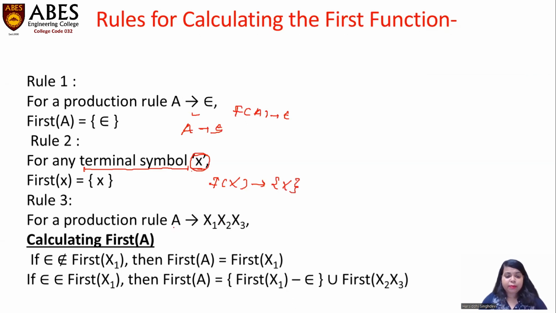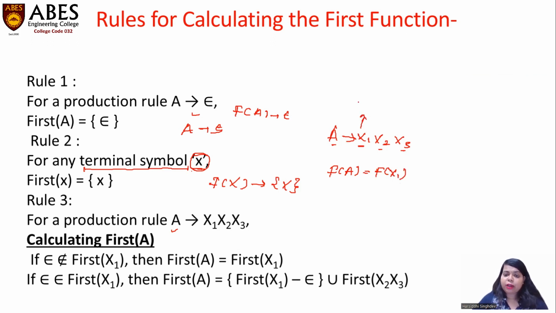Now this is the most important rule. Here A is a non-terminal symbol which derives x1, x2 and x3. Here x1 is also a non-terminal, x2 is a non-terminal and x3 is also a non-terminal. When we find first of A, first of A will be first of x1.